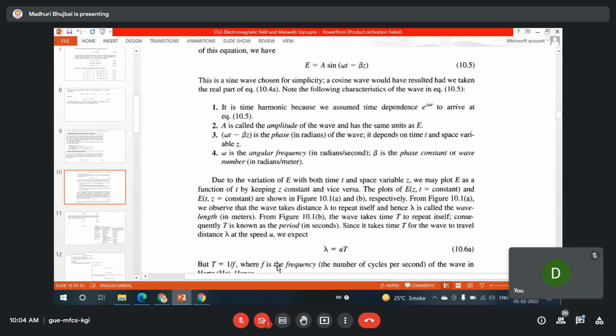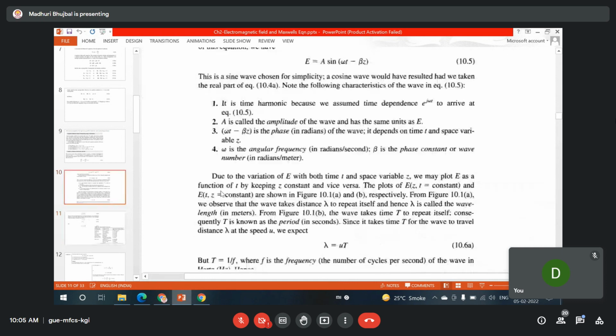And what we call f, f is frequency, meaning number of cycles per second. So what is the unit of frequency? Hertz. Okay. So you have written this 10.6a.